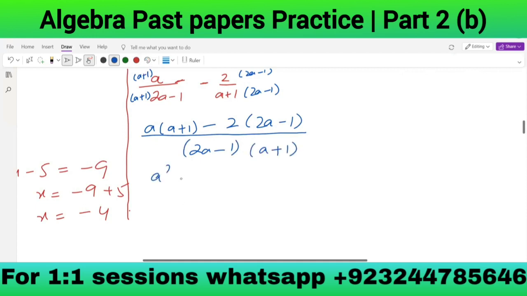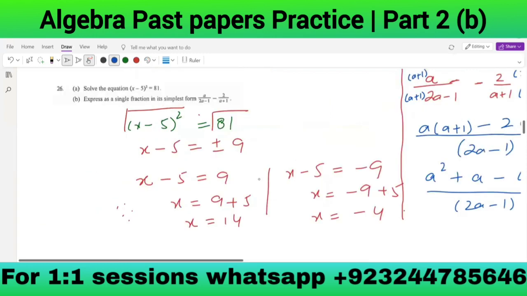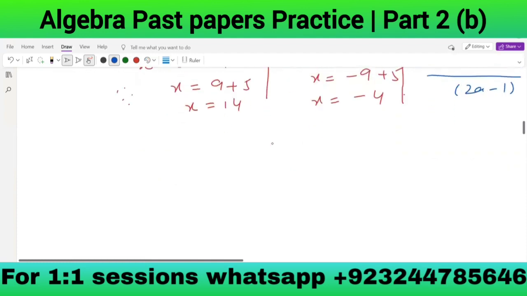So it's going to be a squared plus a minus 4a plus 2, divided by 2a minus 1 times a plus 1. So it would be a squared minus 3a plus 2 divided by 2a minus 1 times a plus 1. So this is how we have written the expression in single fraction form. Okay.